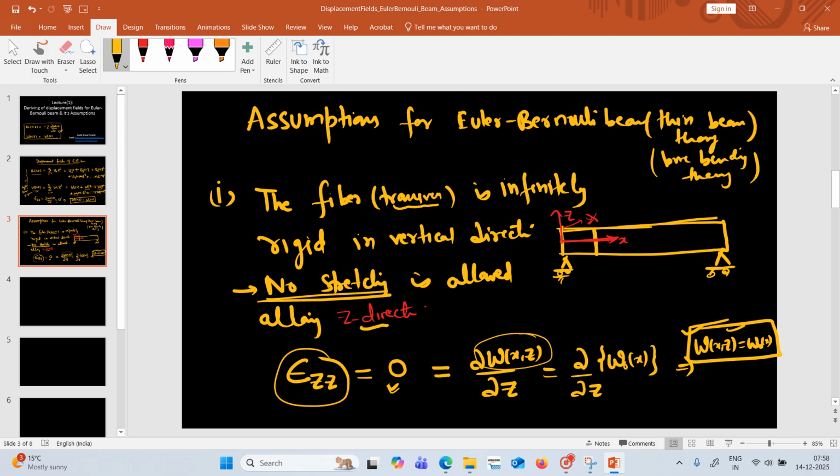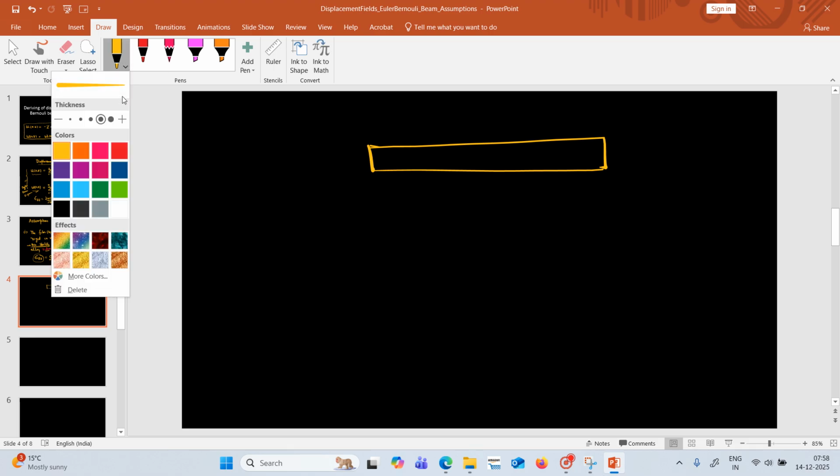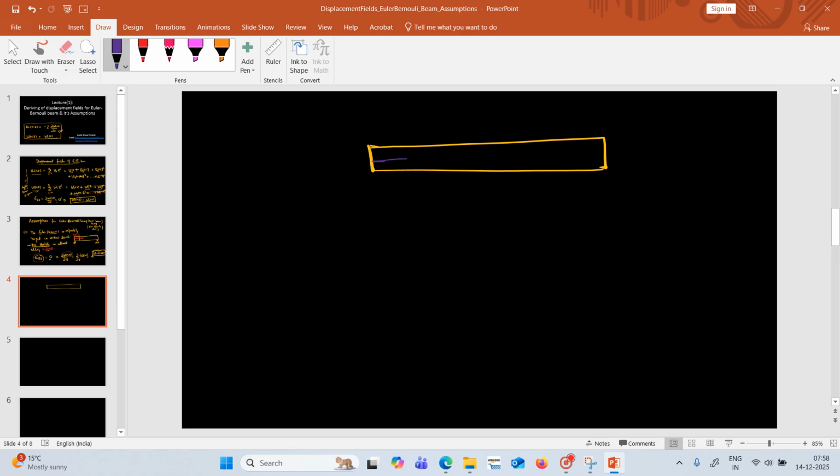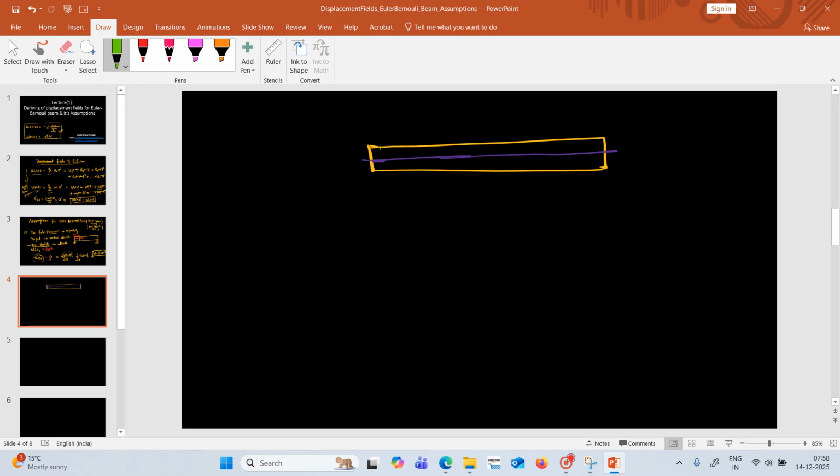Okay, so any beam, if it is loaded, what will happen? Basically every beam has its neutral axis, so let us make a neutral axis. And if this beam will bend, let us say this beam will bend like this.